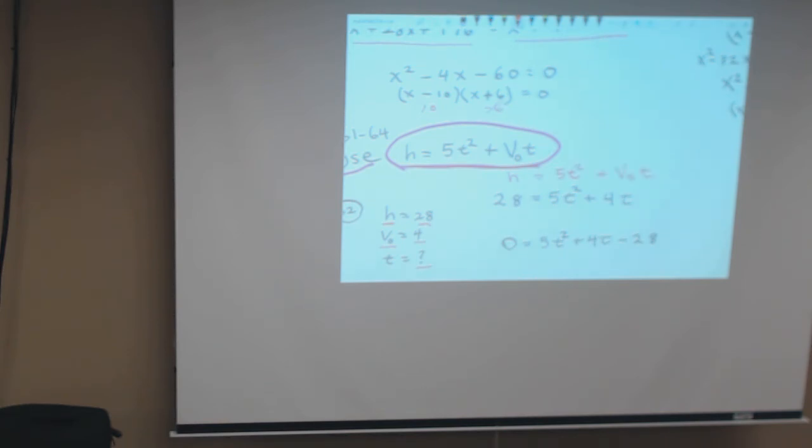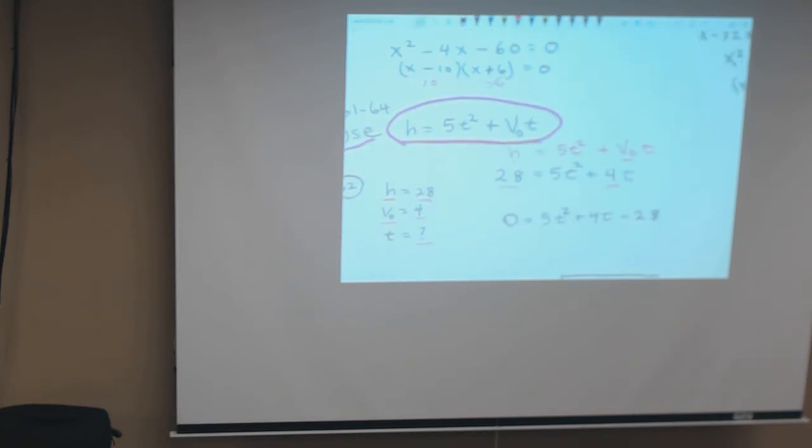And h is 28, and v sub o is 4. So now we have 28 equals 5t squared plus 4t. We want it to equal 0, so we subtract 28 from both sides. So now we have 0 equals 5t squared plus 4t minus 28.